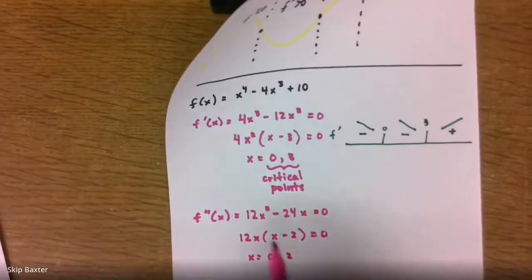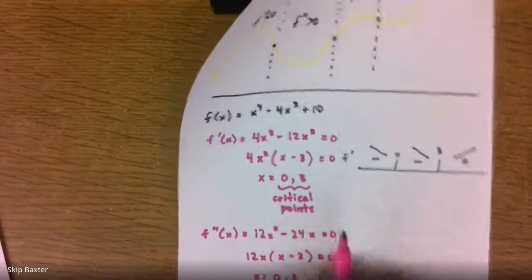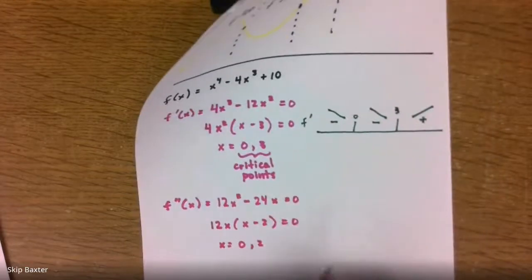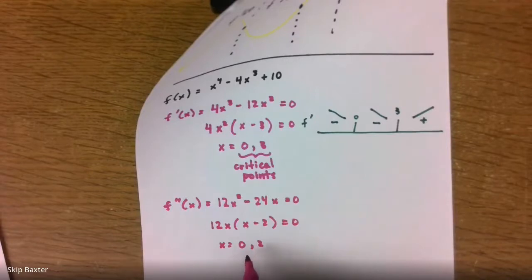Now, I would have to look at the same points as critical points. Like up here, critical points are points where first derivative is 0 or undefined or endpoints, right? Down here, I also have to look at points where the second derivative is 0 or undefined or endpoints.